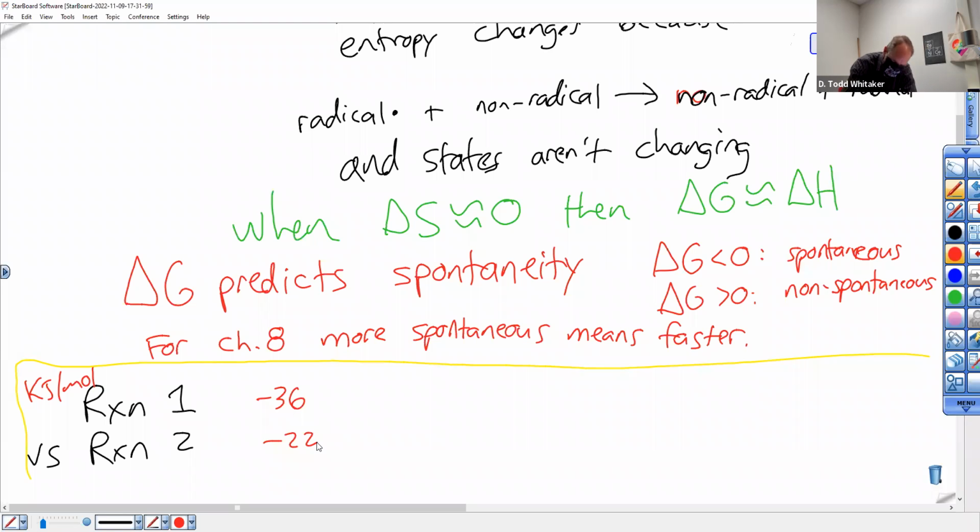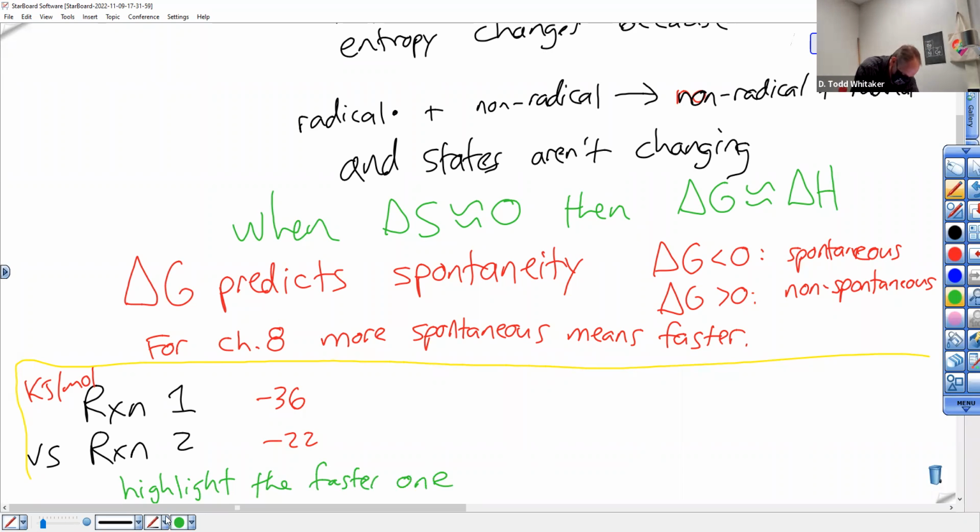Which one's faster? Highlight the faster one. Which one you picking? If less than 0 means spontaneous, then more less than 0 is more spontaneous. So the first one is faster, right?